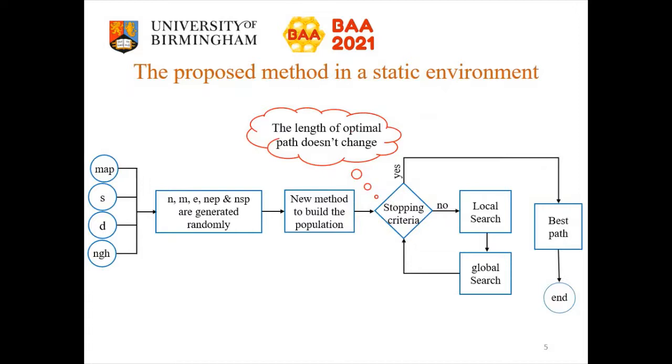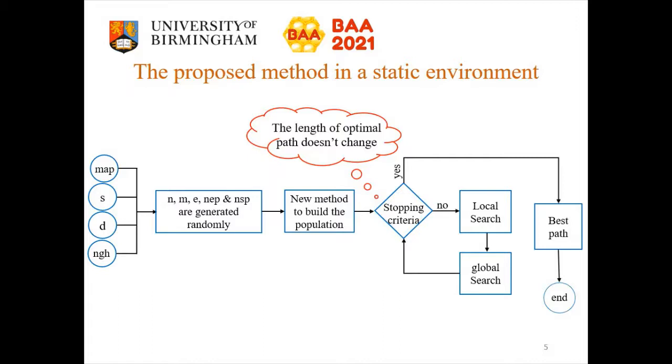The proposed method is illustrated in this diagram. The inputs are map, the environment, S, the start point, D, the destination point, and NGH, the size of the neighborhood. The main parameters of the BA are generated randomly using a uniform distribution function.